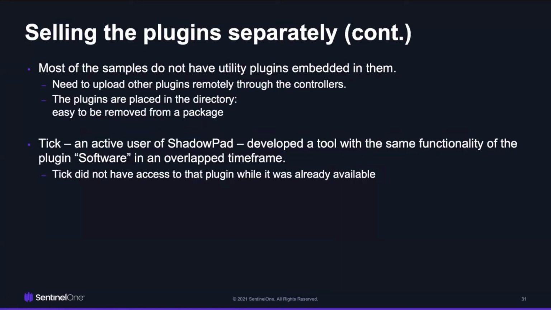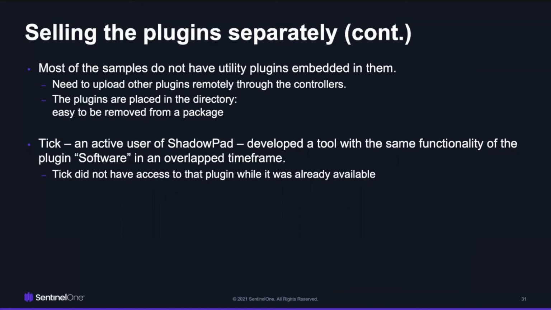Besides, we found Tick used a tool with the same functionality of a plugin called software in an overlap timeframe. Tick was one of the active users of ShadowPad and started to have access to ShadowPad from at least 2018. While they use ShadowPad as the main backdoor for intrusion, they sometimes still developed some small tools.